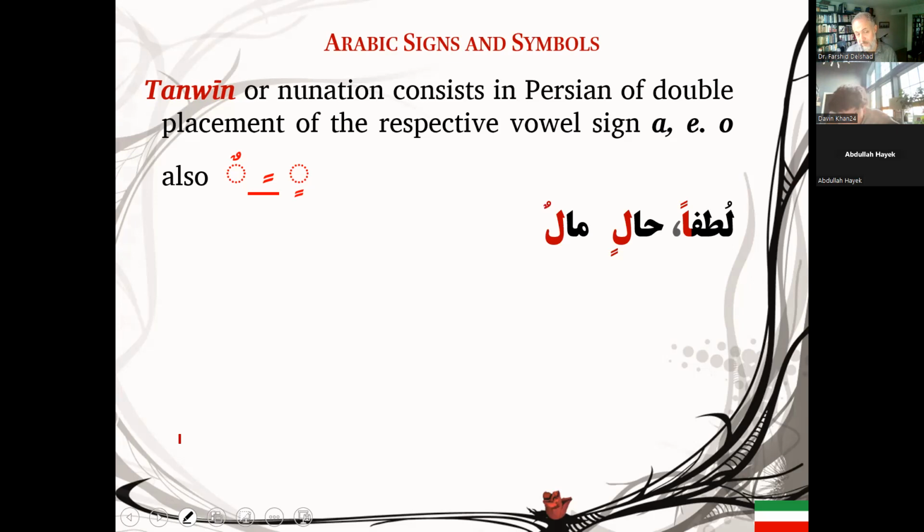What do they do? In Arabic, they are either a sign of an adverb, for example, like the word lutfan, or they are a sign of the subject, a direct object and indirect object, and of course, a sign of indefinite words.